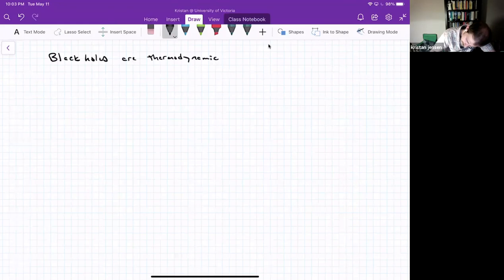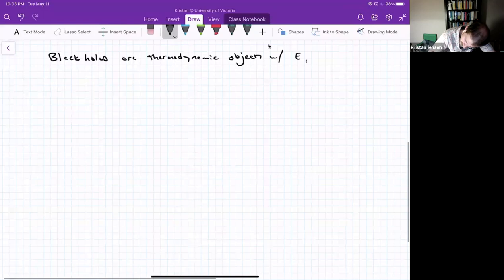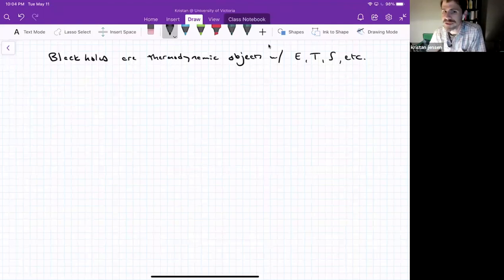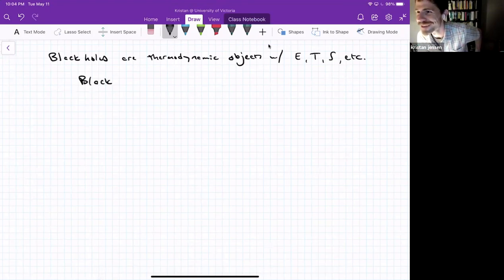So they're thermodynamic objects with an energy, a temperature, an entropy, etc. And from the beginning, there was a question with black holes: to what extent does this thermodynamics have a statistical mechanical interpretation? So in the beginning there was black hole thermodynamics, but is there black hole statistical mechanics?